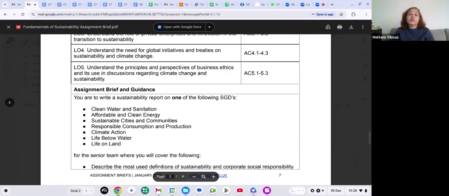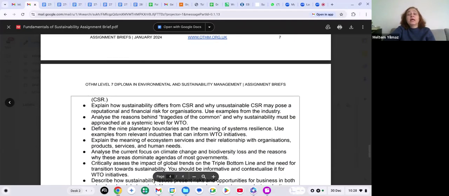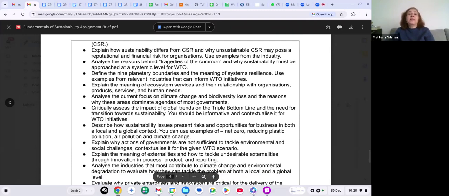And then the integration of the sustainable development goals will also be included in the scenario for the World Trade Organization in relation to the responsibilities and the jobs of the World Trade Organization.